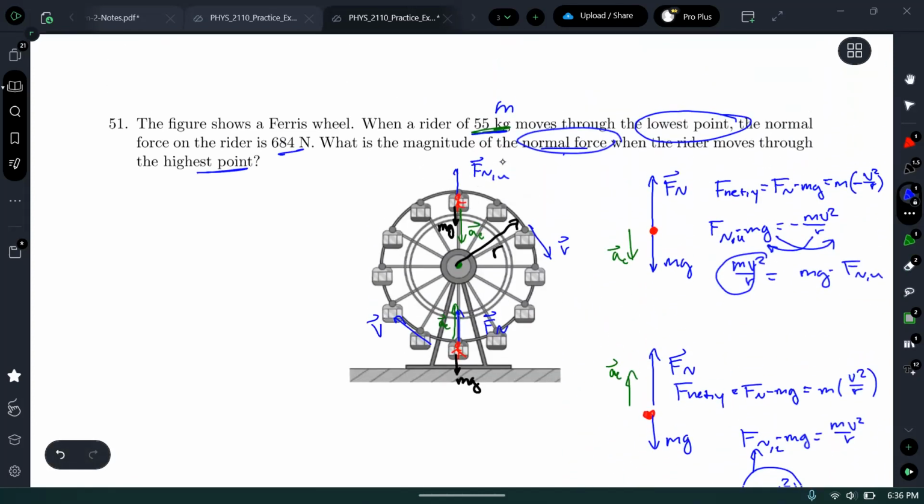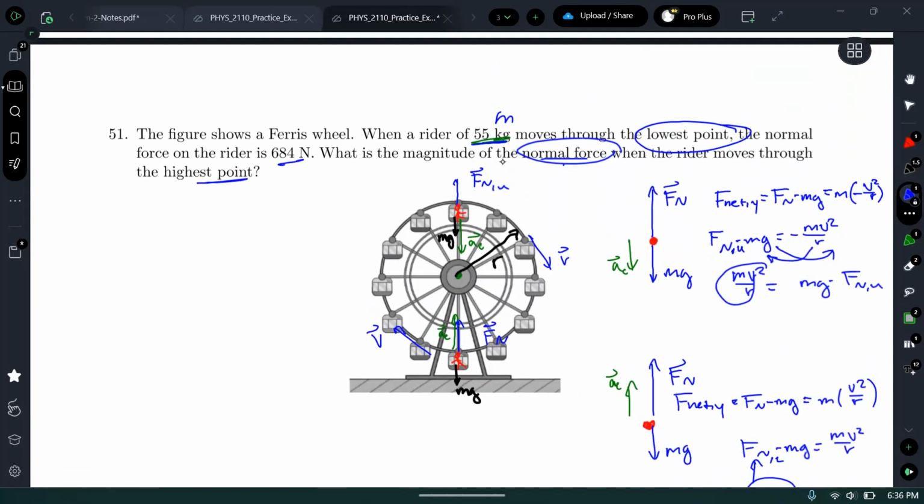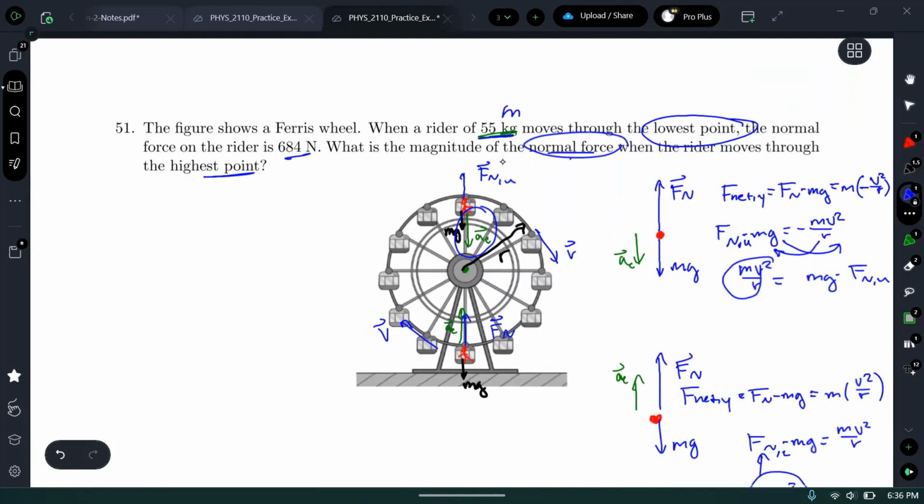So when he's at the top, he is feeling a smaller normal force from his chair than when he's at the bottom. And this is just like when you're in an elevator. When you're accelerating downward, like he is when he's at the top, you feel lighter than normal. That's because the normal force is smaller than normal. When you're at the bottom, you feel heavier than normal, and that's because the normal force is larger than it usually is.